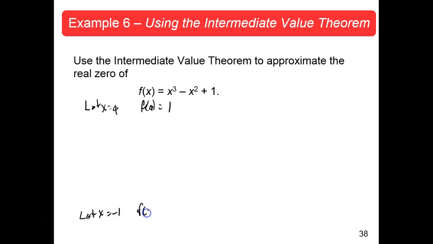Okay, f of minus 1 is equal to what do you say? Negative 1. So we know that we have a 0 between x equals 0 and x equals minus 1. Right? The Intermediate Value Theorem says you have to.